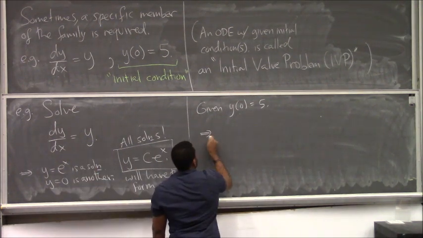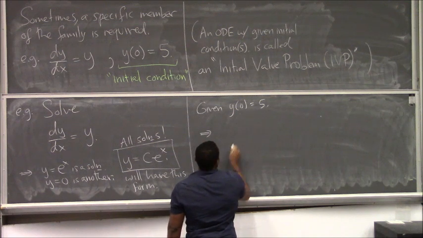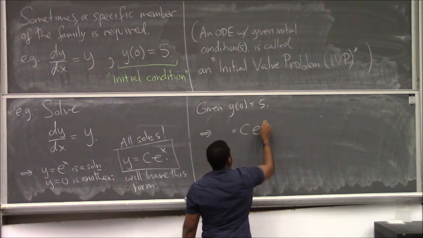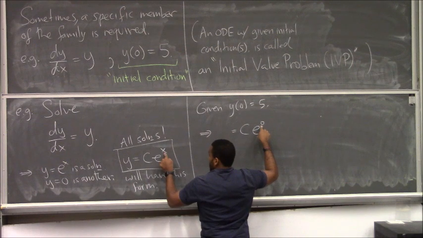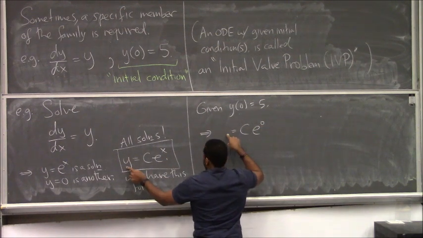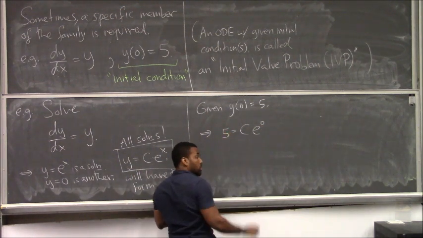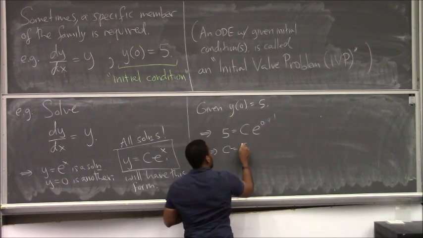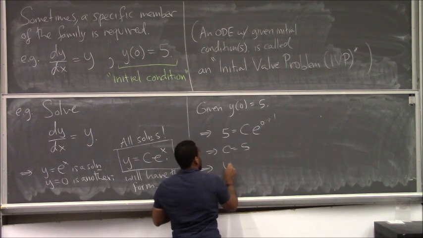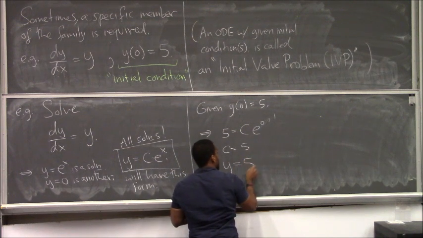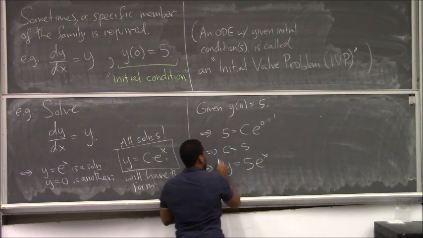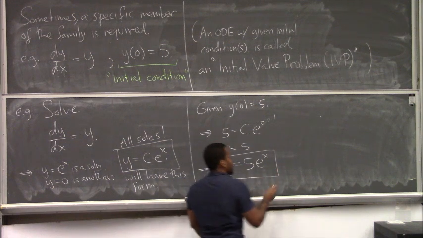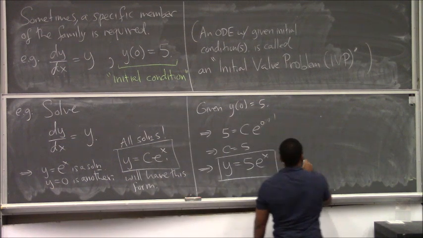So this would mean that if I plug in 0 for the x, the output, the y, will be 5. Of course, e to the 0 is 1, and so this means that c will be equal to 5, and so this means that y equals 5e to the x solves the initial value problem.